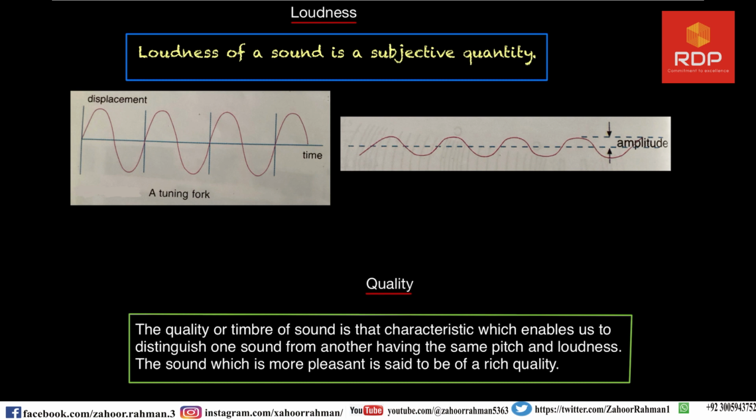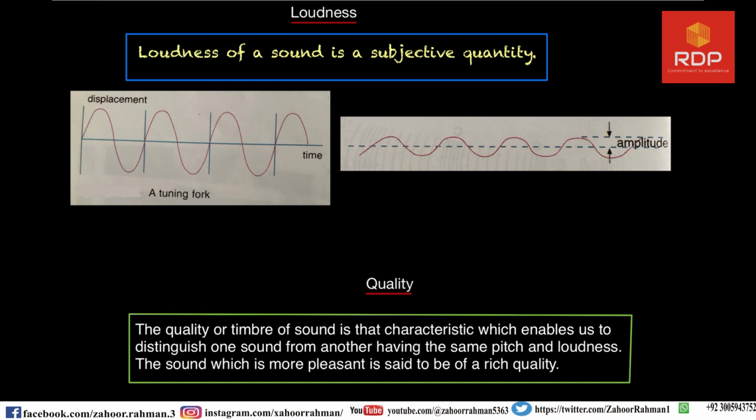Lower is the amplitude of sound waves, that will show you that the loudness of sound is lower. Loudness of a sound is a subjective quantity. What does it mean?